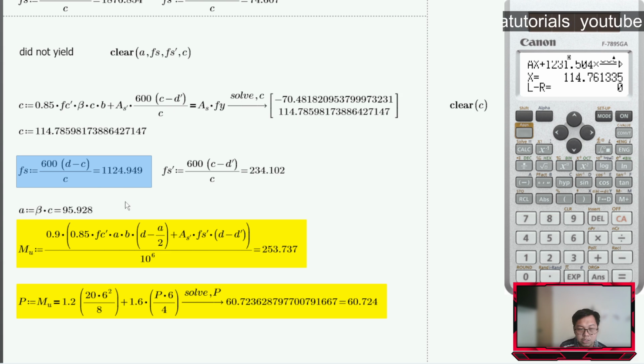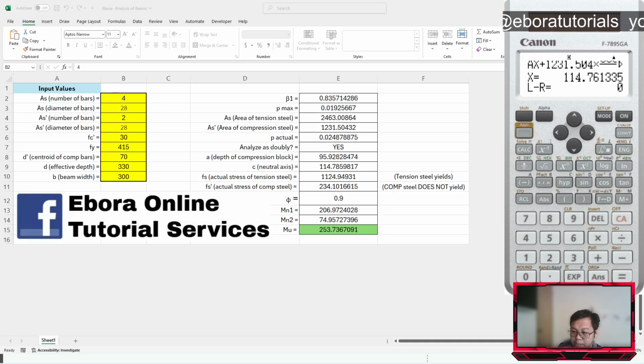But Fs is greater than 1,000, so you can use 0.9. Then directly, this is just for the units, so we divide by 10 to the power of 6. So you have Mu equal to 253.73, which is the same as what we got in our Excel file.